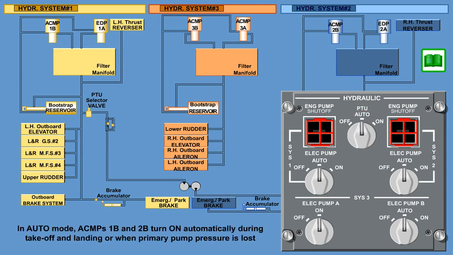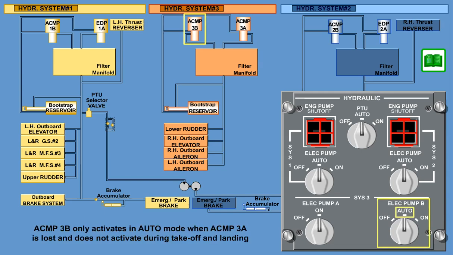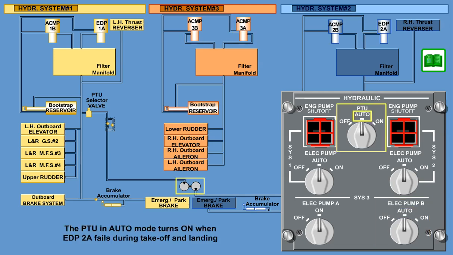In auto mode, ACMPs 1B and 2B turn on automatically during takeoff and landing, or when primary pump pressure is lost. ACMP 3B only activates in auto mode when ACMP 3A is lost and does not activate during takeoff and landing. Similarly, the PTU in auto mode turns on when EDP 2A fails during takeoff and landing.